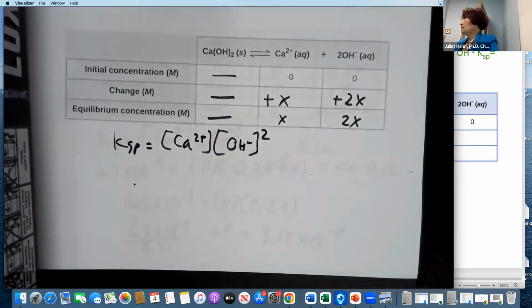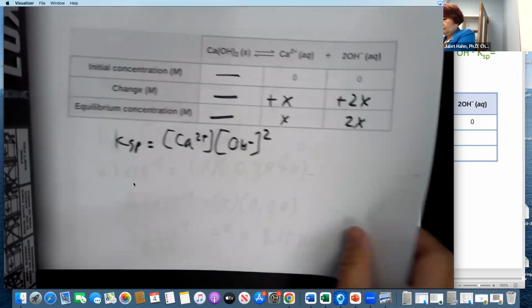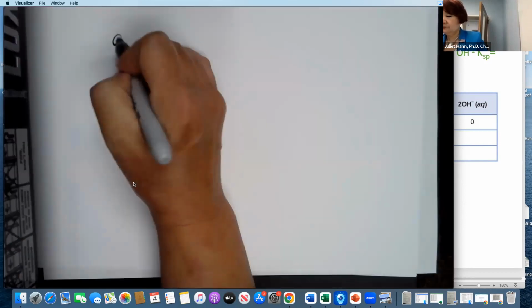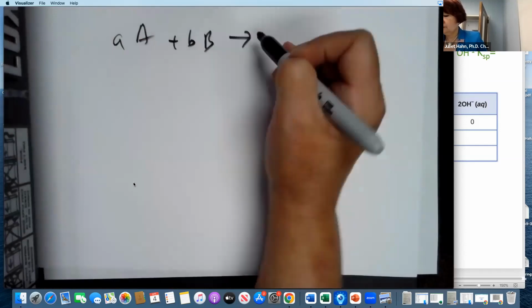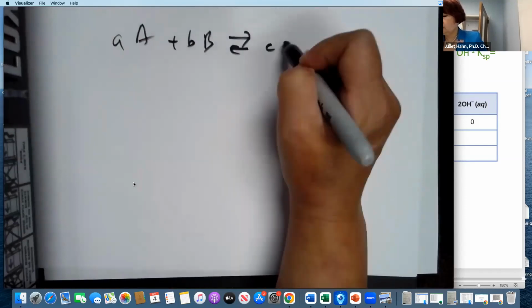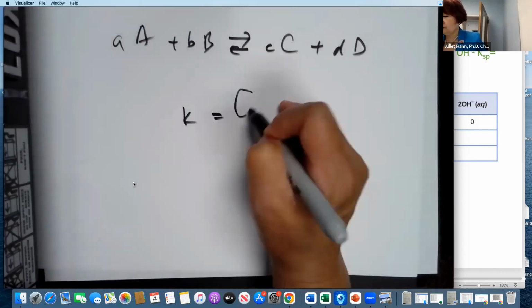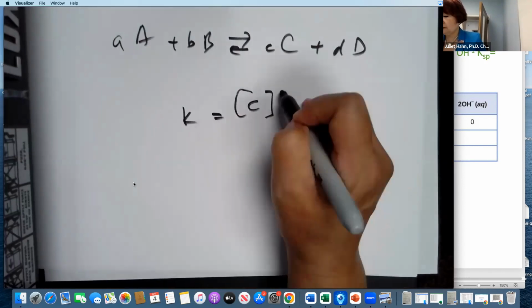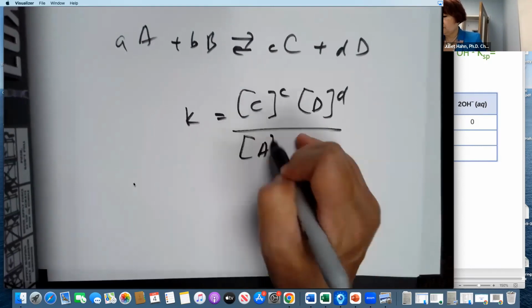Because of the equilibrium constant: a moles of molecule A plus b moles of molecule B going to produce c moles of molecule C and d moles of molecule D, and then you write out K to equal the concentration of C raised to the c power, concentration of D raised to the d power, over the concentration of A raised to the a power, concentration of B raised to the b power.